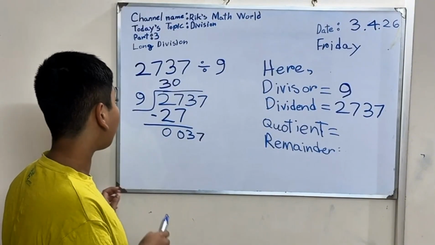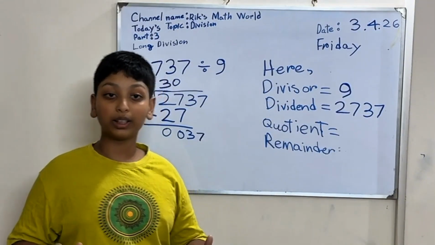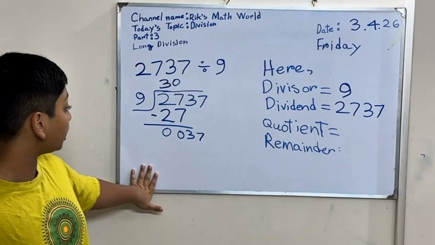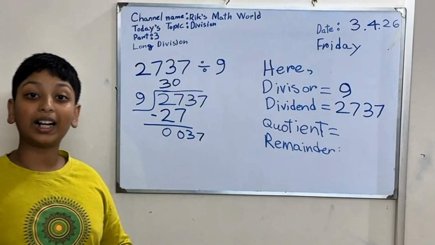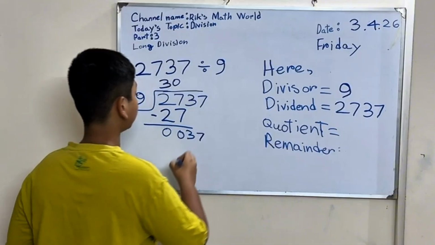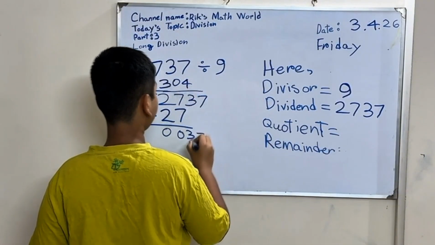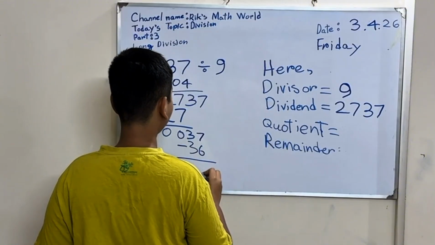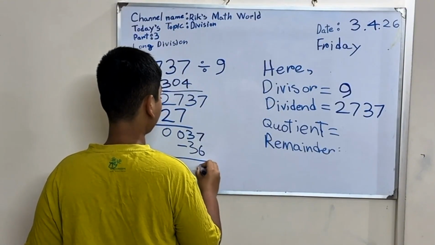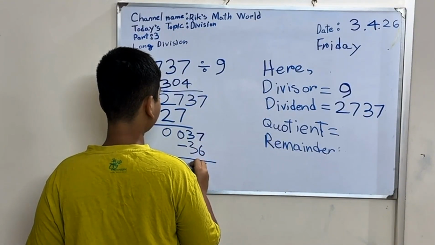We cannot do 9 fives are 45 because it is bigger than 37. So we have to do 9 fours are 36. So let's place a 4 here and 36 here. Now we have to subtract them. 7 subtracted by 6 equals 1 and 3 subtracted by 3 equals 0.